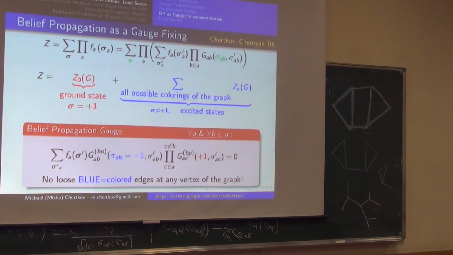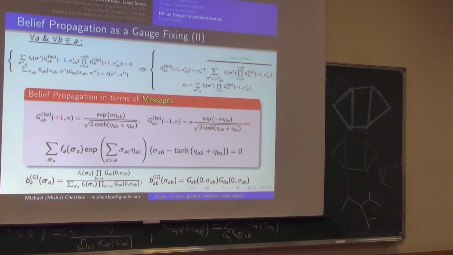Of course I start feeling that those gauges should have the same expression as those belief propagation equations which I showed you in the previous lectures, and indeed there is a very formal algebraic way to verify.